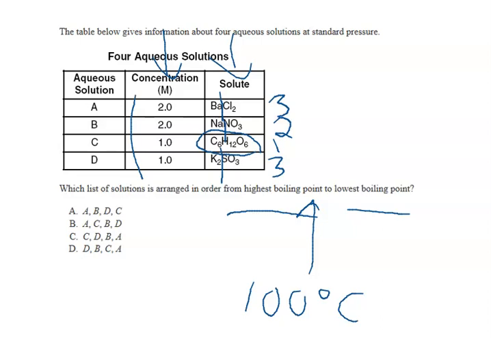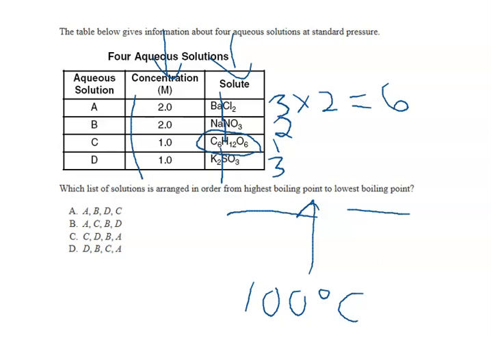All right, now we have to also take into account concentration, and it's a multiplying effect. We have 3 here with barium chloride times 2, so that's a factor of 6. That would get multiplied with the constant that has to do with the boiling point of water.